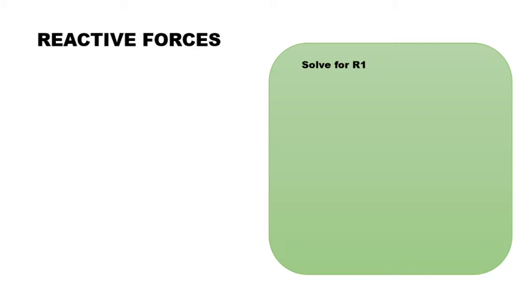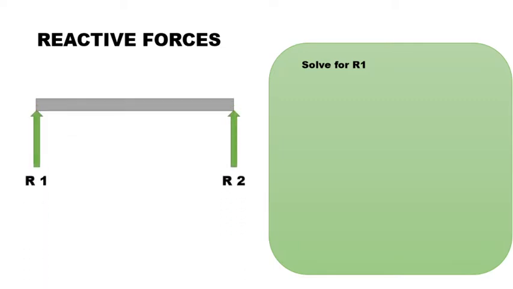The reactive forces are the reactions, the upward forces acting at the supports that hold in equilibrium the downward forces of loads. The left and the right reactions of a simple beam are usually called reaction 1 or R1 and R2 respectively.